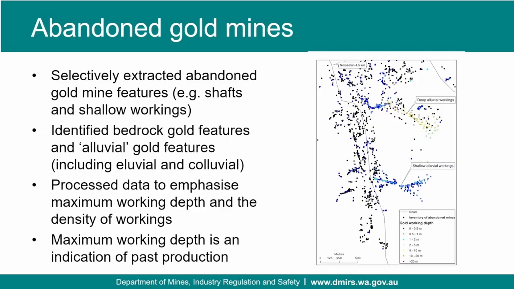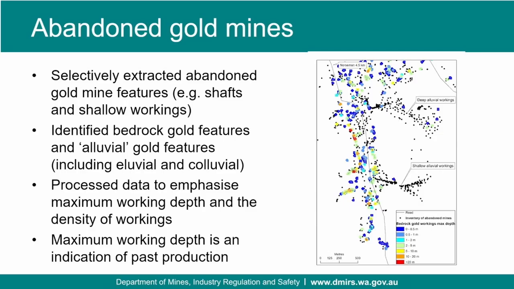So in this case, we used a 10 metre cell size. What you can see here is a drape of the maximum depth for gold workings in bedrock gold, overlying a hill-shaded image of the density of workings.